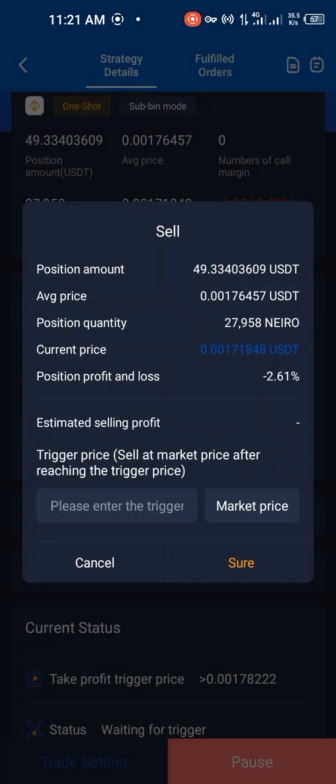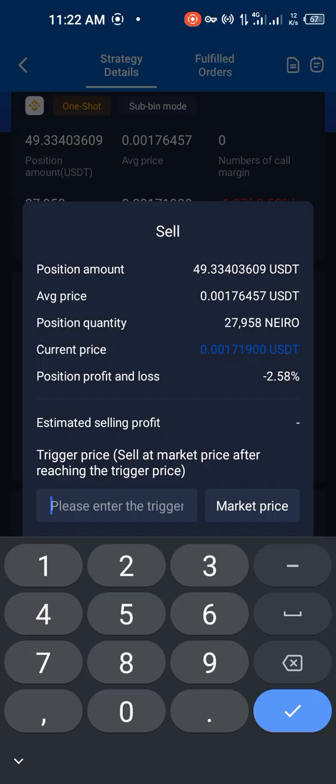You say, okay, bot, this is where you place it, at this box here, below where you have trigger price. You now say, bot, when you get to 0.00176, 17663, take my profit.